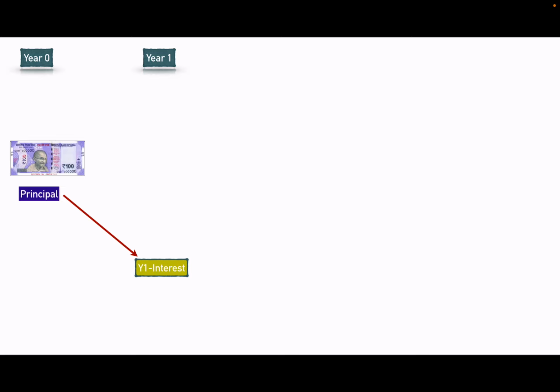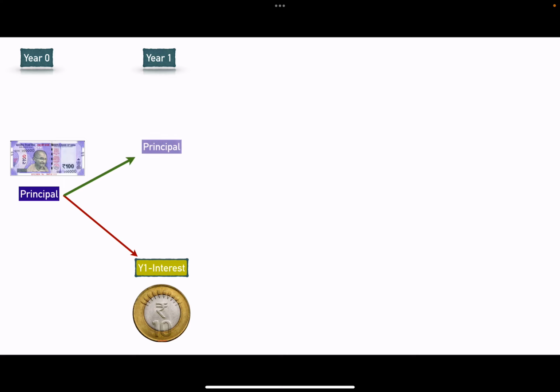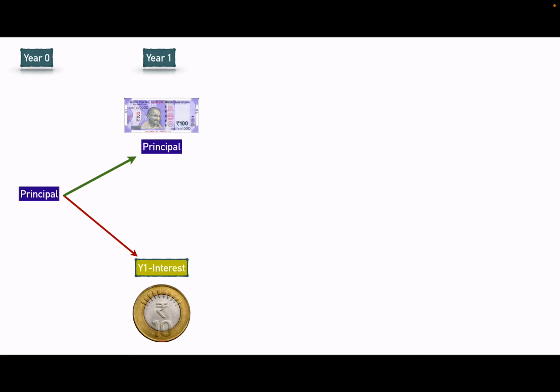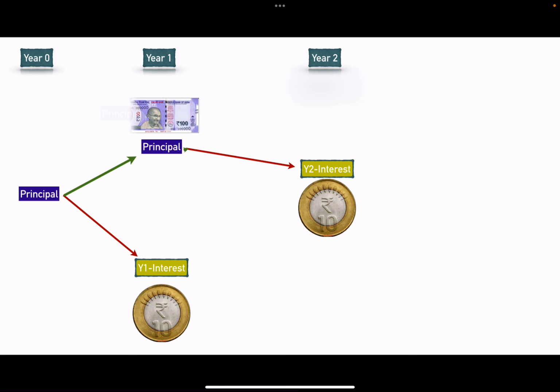Okay, so at year 0, I borrowed 100 rupees. So at the end of year 1, I owe 10 rupees as interest. Okay, at the end of year 1, the principal remains the same, and at the end of year 2, I owe another 10 rupees as interest.